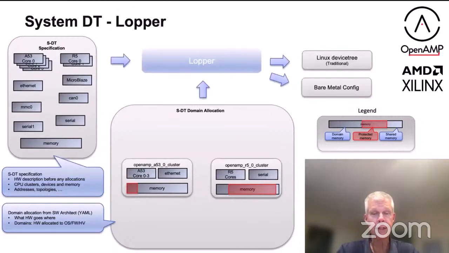We're going to demonstrate how we use Lopper to prune this device tree and create the regular traditional device tree for Linux. And we're going to make some changes in the YAML file and see that with one source, we can very easily change what you generate and how Linux and the bare metal will look at the system.